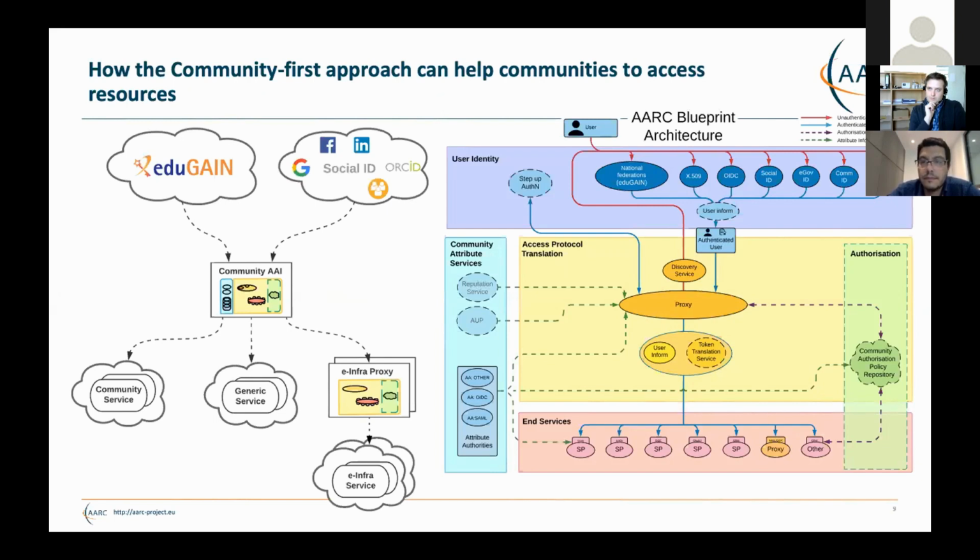Indeed, whenever there is a proxy, there is something in the middle that hides services from the IDPs, or in the case of this cascade approach, hides services from the community AI, if there are more proxies, or from the infrastructure AIs, depending on the point of view. But the proxy is where most of the policies are really applied, because it's the most critical part, where everything flows in.